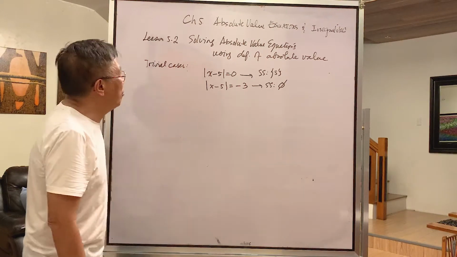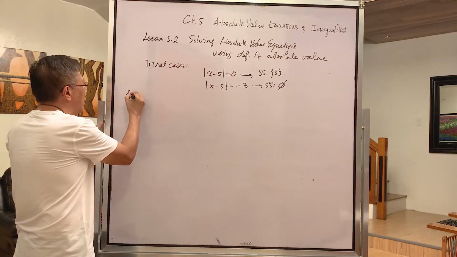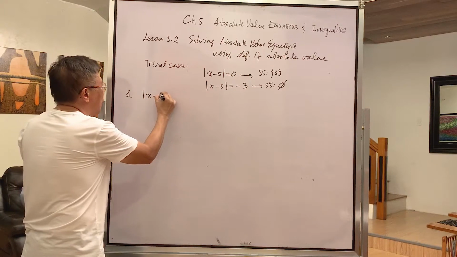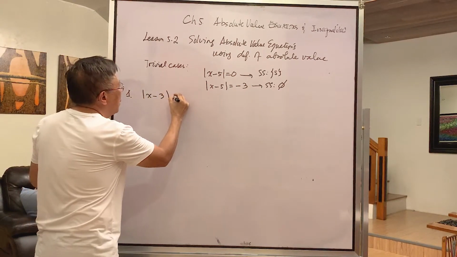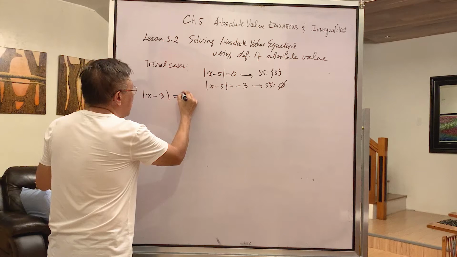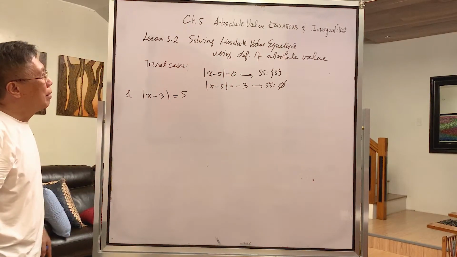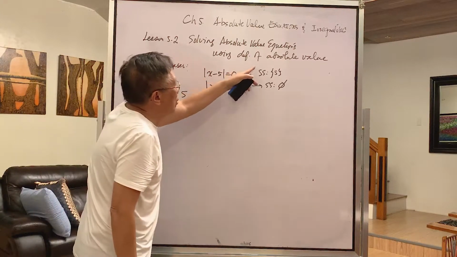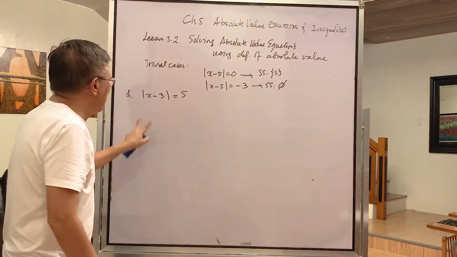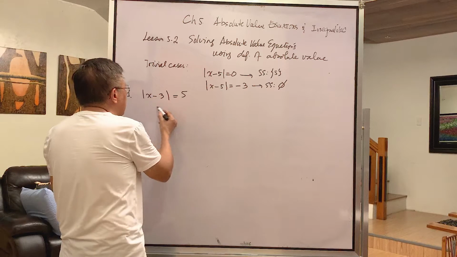What we want to have will be, for example, the absolute value of x minus 3 equals 5. What will be the solution to that? Using the definition of absolute value, we have to redefine this.